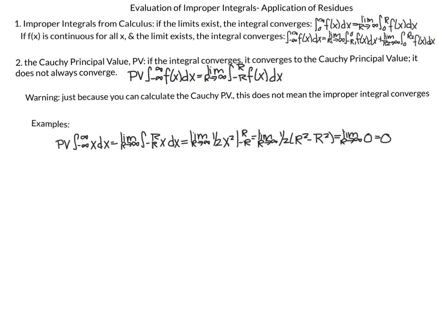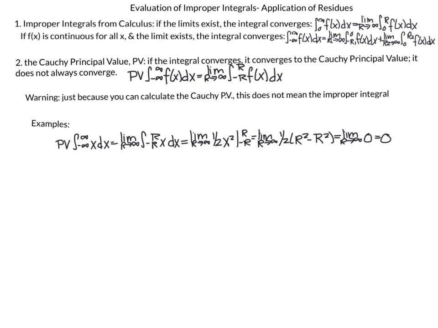Our first example is to compute the Cauchy principal value of the integral from negative infinity to infinity of x dx. So we can define our Cauchy principal value of this integral as the limit as r approaches infinity of the integral from negative r to r of x dx, which is the limit as r approaches infinity of 1/2 x squared, which we evaluate at r and negative r.